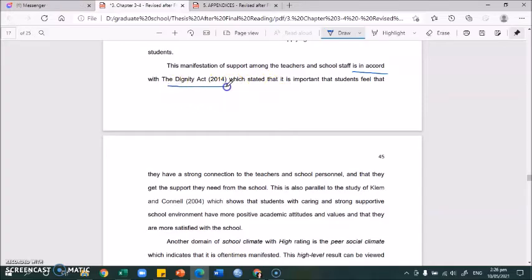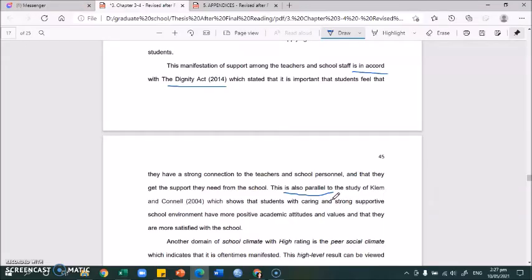So, ito yung source natin, which stated that it is important that students feel that they have a strong connection to the teachers and school personnel, and that they get the support they need from the school. This is also parallel to another. Ito naman, parang siya, introductory phrases. Okay?